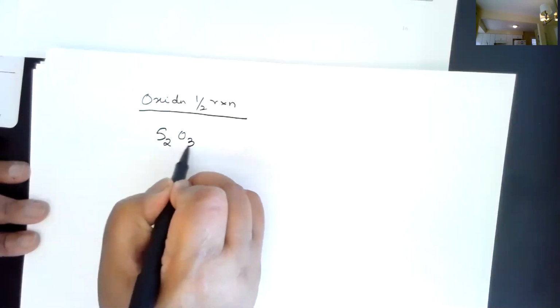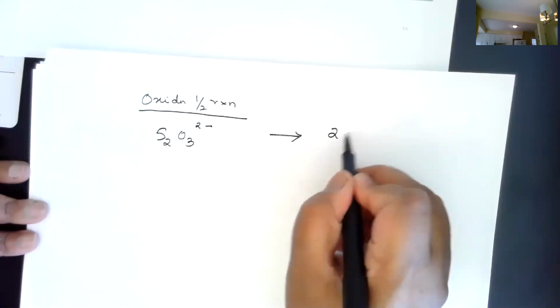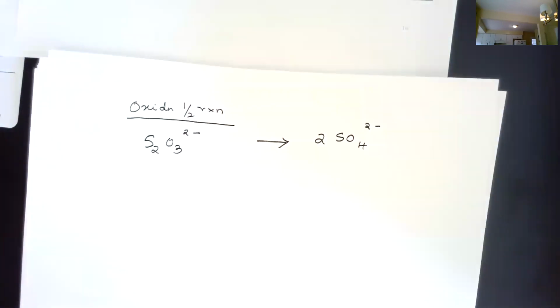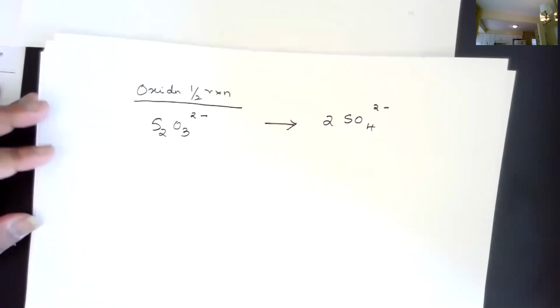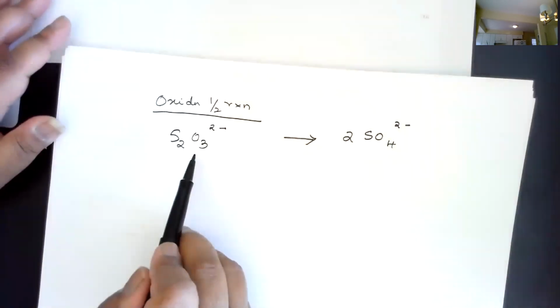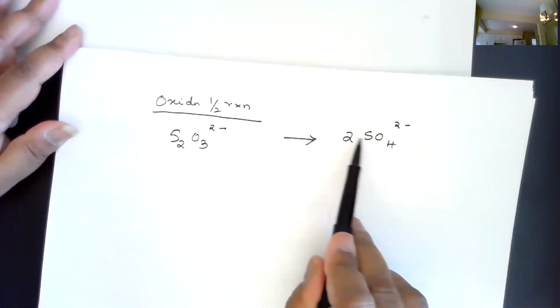I have S2O3 2- giving 2 sulfate. Now, I'm not able to balance the oxygen. See, I have 3 here and I have 8 there.